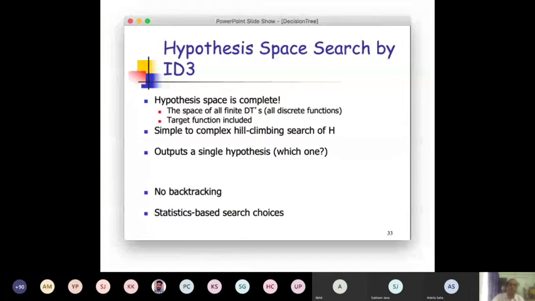Also, as you have seen, you are trying to locally optimize the gain. Using the gain, you are trying to locally optimize the performance or the size of the decision tree, I should say. It's a kind of size versus accuracy trade-off.